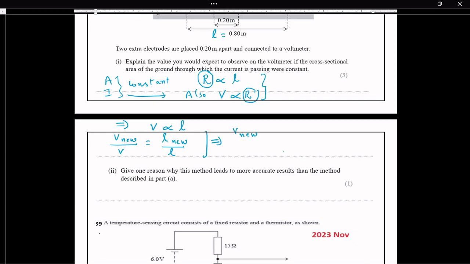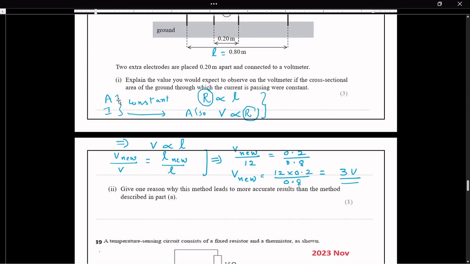V new, original one is 12, and new length is 0.2, and the original one was 0.8. So on calculation, we get the new voltage as 12 times 0.2 over 0.8. This will give an answer of 3 volt. So this is the expected value.